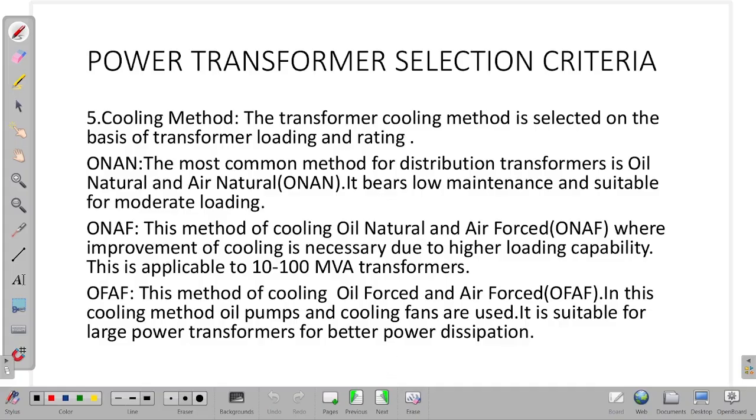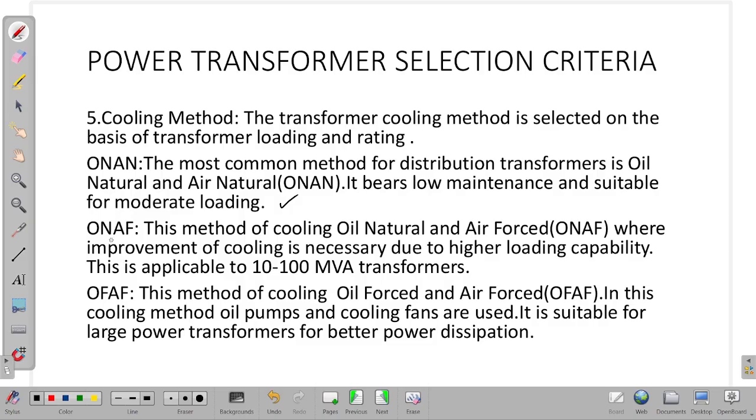Fifth one is your cooling method. The transformer cooling method is selected on the basis of transformer loading and rating. The most common method for distribution transformers is oil natural and air natural. It has low maintenance and is suitable for moderate loading.